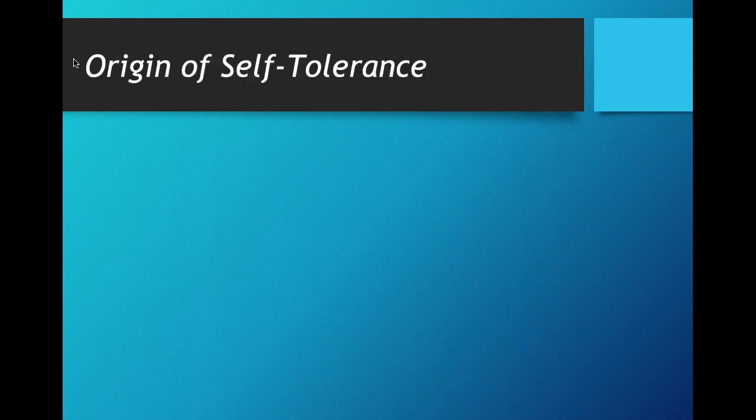The origin of self-tolerance, in how cells like our lymphocytes don't attack one another. The reason is the last slide showing you transcription, translation, and how the receptors are made, because again, that's the key for identification.